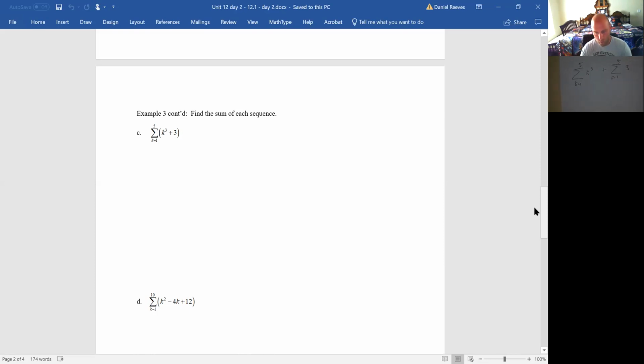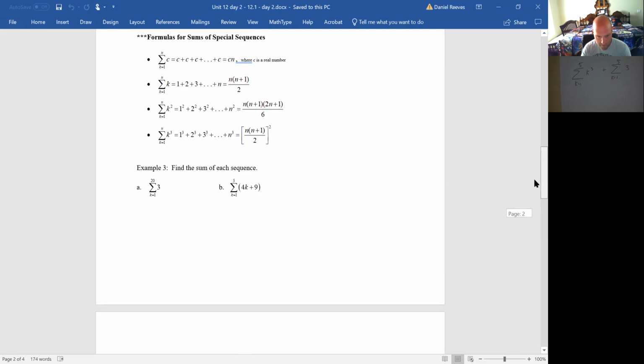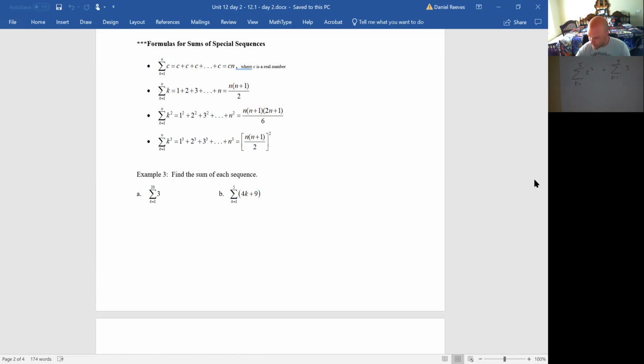Okay. Let's scroll backwards a little bit and look at that formula. So that k cubed formula, which is right over here, says that this should be equal to n, my ending term. So 5 times 5 plus 1, all divided by 2, and then all of that squared.